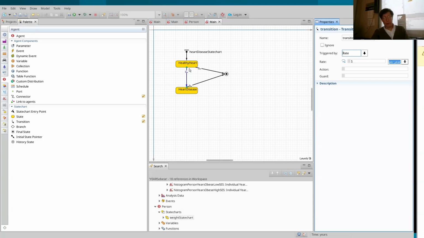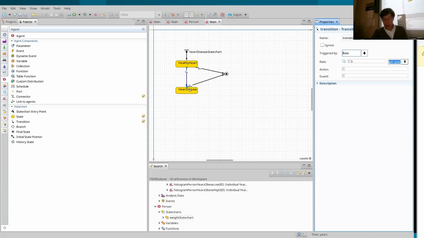And Matthias was making the salient, insightful observation that in this situation, when you come in here, you draw for a healthy heart which one of these will occur first. If it turns out this one will occur first, you'll proceed down here rather than going this way.